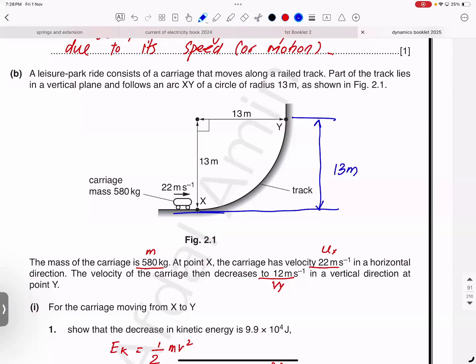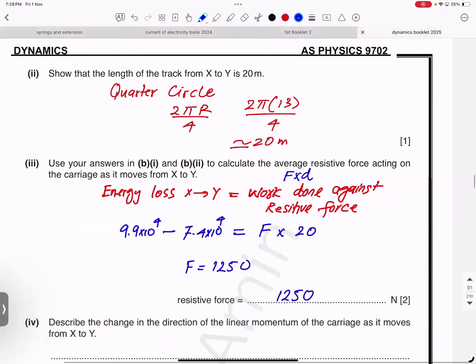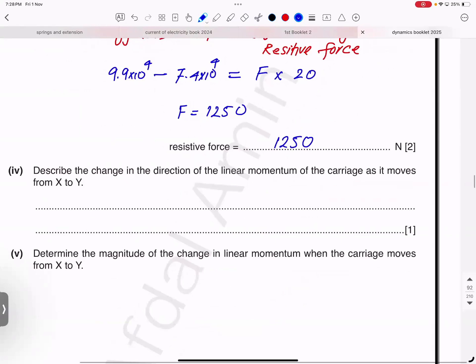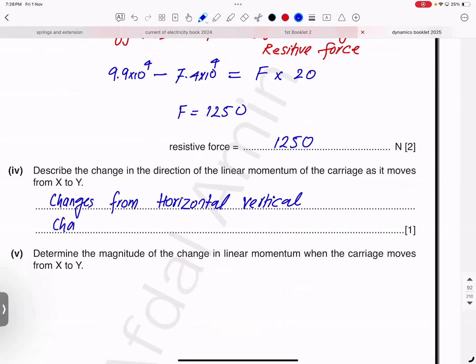So here momentum was horizontal, and here momentum is now exactly vertical. So it changes from horizontal to vertical, or changes direction by 90 degrees. Either you can say momentum changes from horizontal to vertical, or those who want to write it, changes direction by 90 degrees.